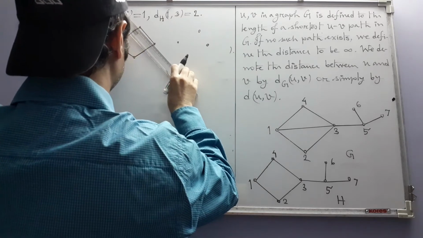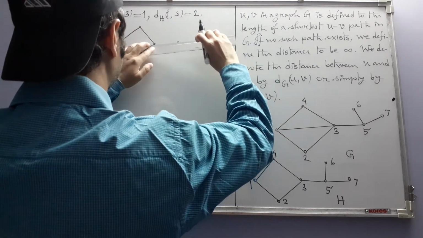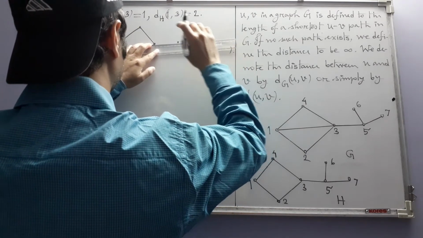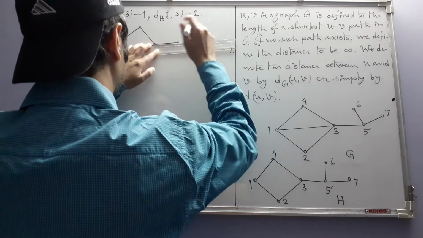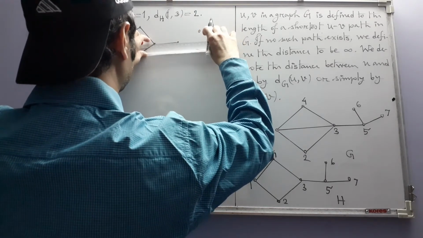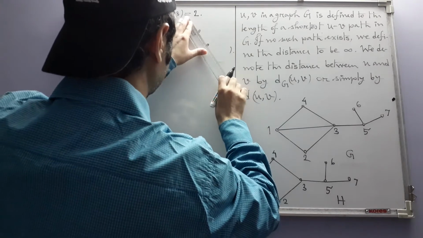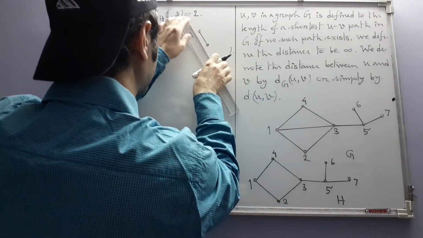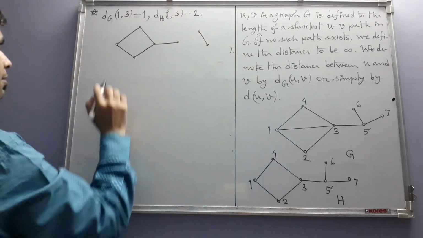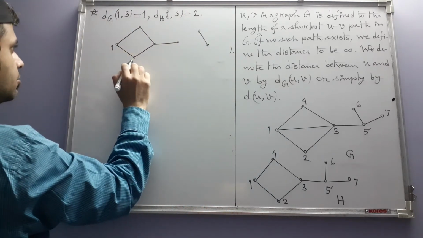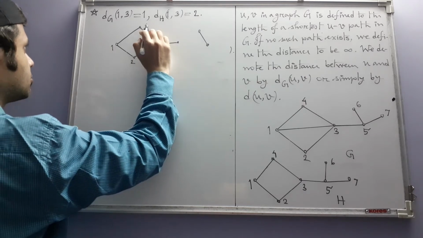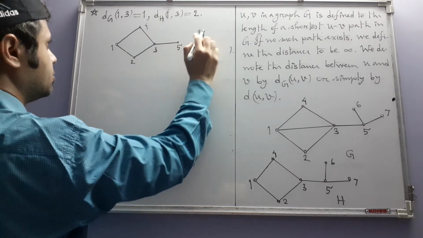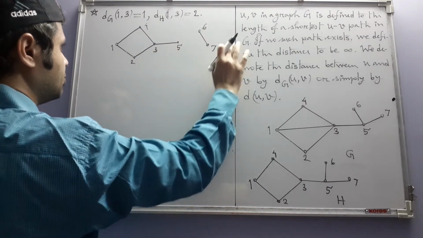And by that I mean a square. But I just want to illustrate the notions, that's all. So if you have a graph like this, say 1, 2, 3, 4, 5, 6, 7.